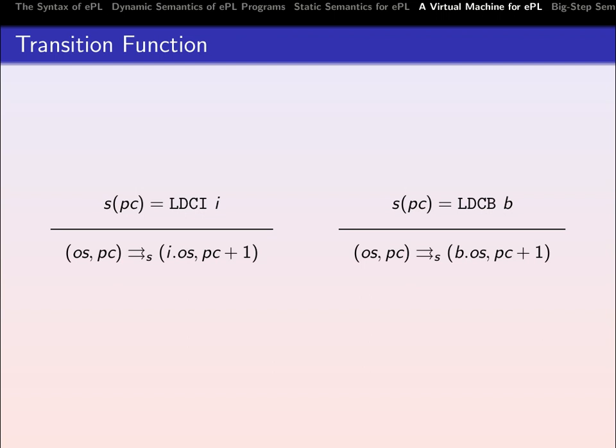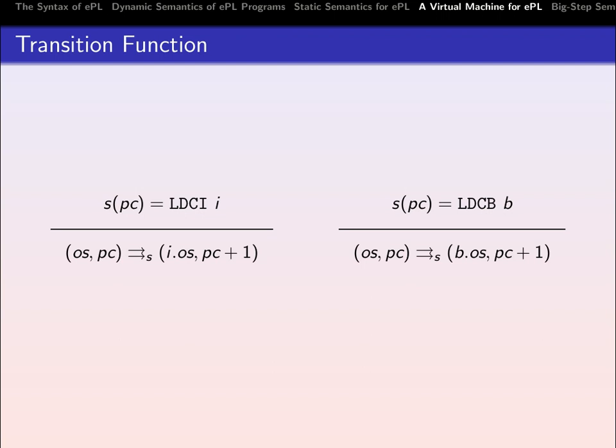If the LDCI instruction is the current one about to be executed, then we transition from OS, PC to I prepended to OS, and PC plus 1. So we have executed the instruction, so we move on with the program counter, and the result is that the instruction puts its operand on the stack. Is this clear?